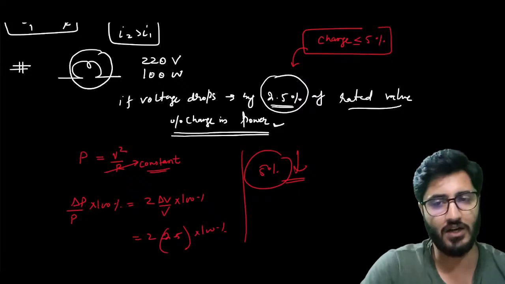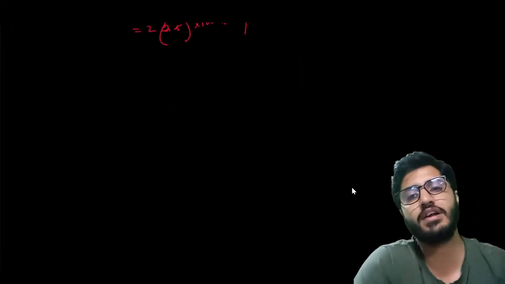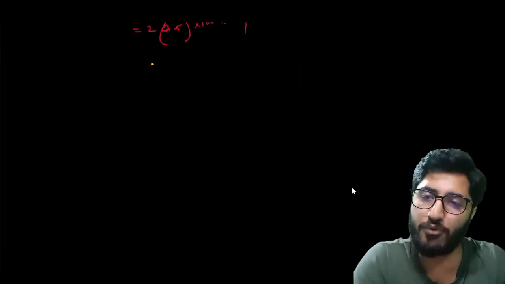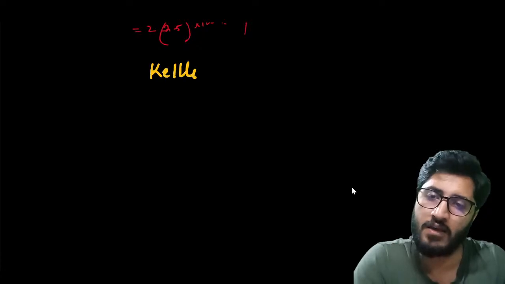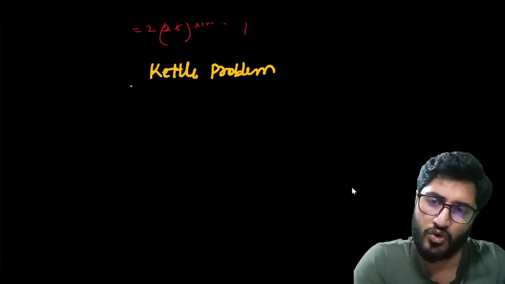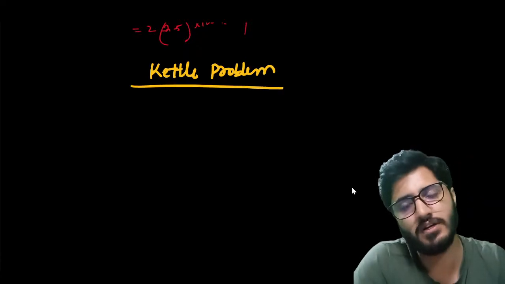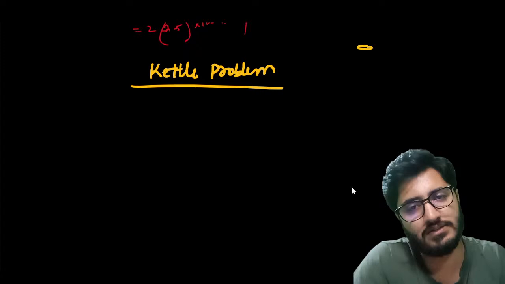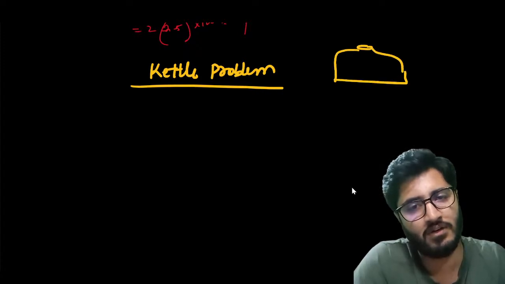Okay. Now let us discuss one more interesting topic known as the kettle problem. Do you know what a kettle is? Something like this. Then we connect this with the plate of it.